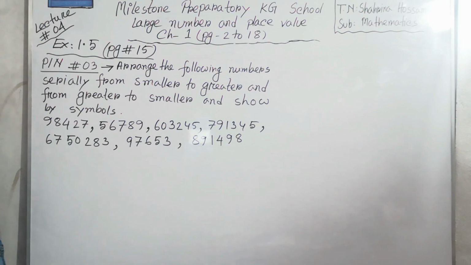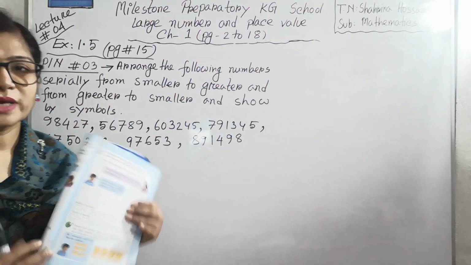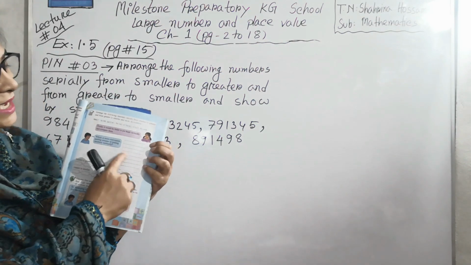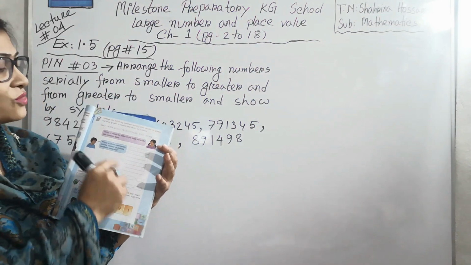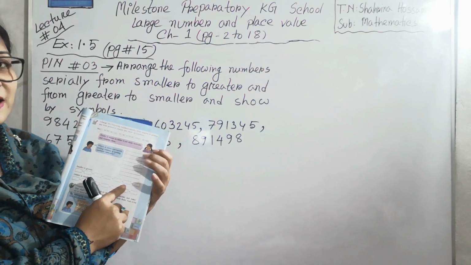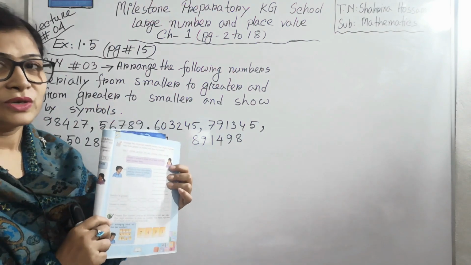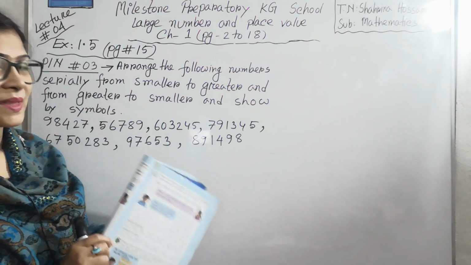Before arranging these numbers, at first we will make a chart like our book. See, look at the book. They have given a box. In this box, at first we arrange the numbers from smaller to greater. It makes it easy for us to find the smallest number first.